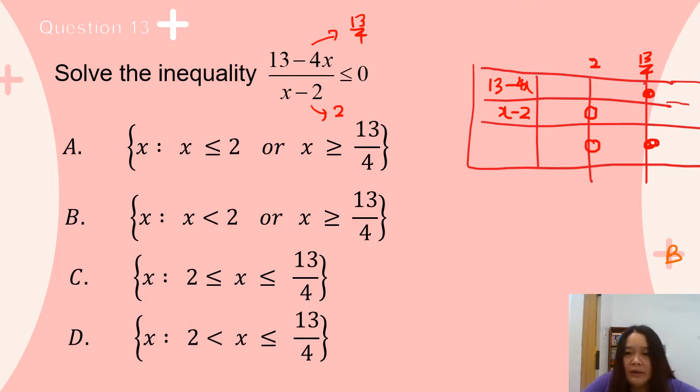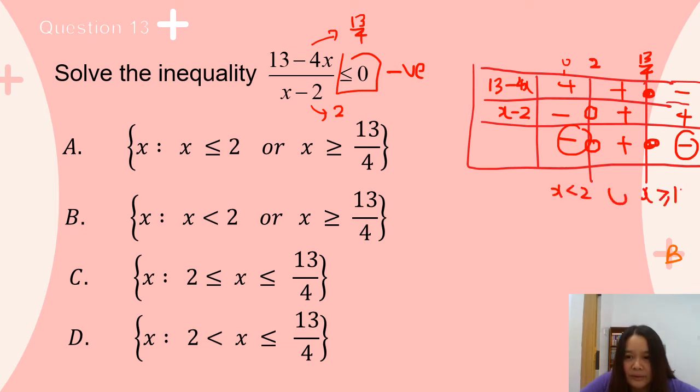And you choose a value to test, so let's say I choose 0. So I have positive, positive, negative. If I put 0 here, 0 minus 2 is negative. So you have negative, positive, and negative. So for the final answer, I'm going to choose the region which is negative. So I circle the region. So this region should be x is less than 2 or union greater or equal than 13 over 4. So the suggested answer should be B.